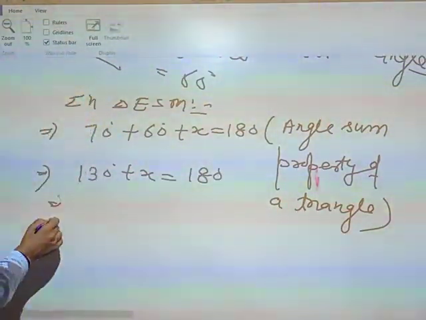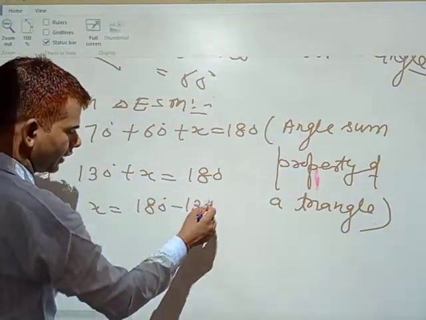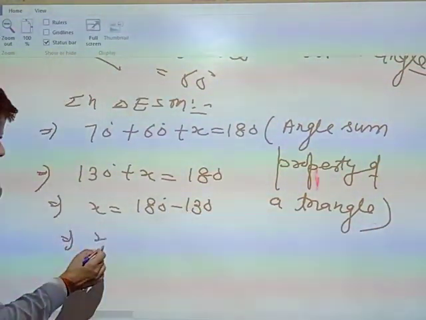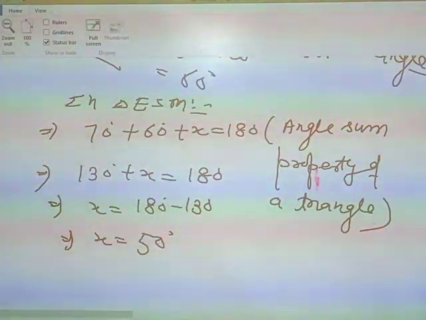Now we have to find the value of x, that is 180 minus 130. So the value of x is equal to 50 degrees.